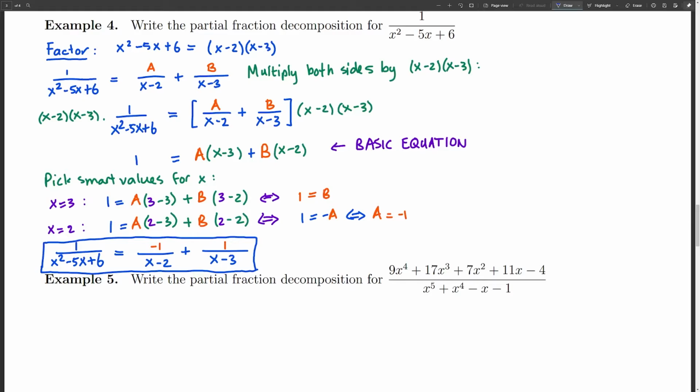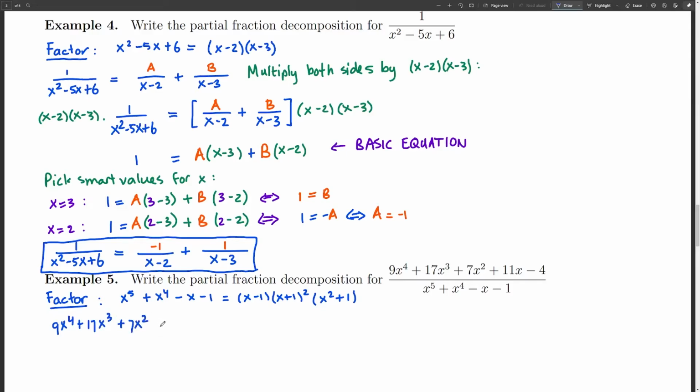So that means we do not have to do any long division, and we can start off by factoring the denominator. This is something we did in a previous example. Once we have the denominator factorized, we can write out what the partial fraction decomposition will look like.